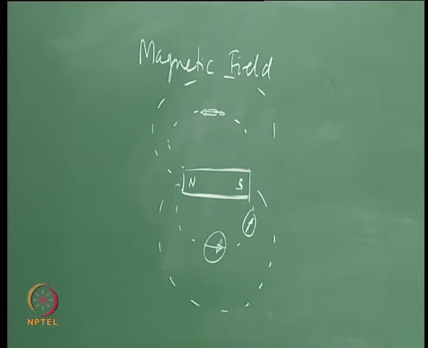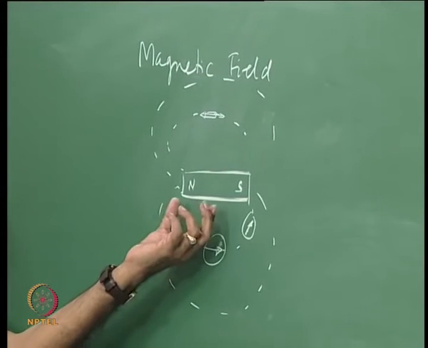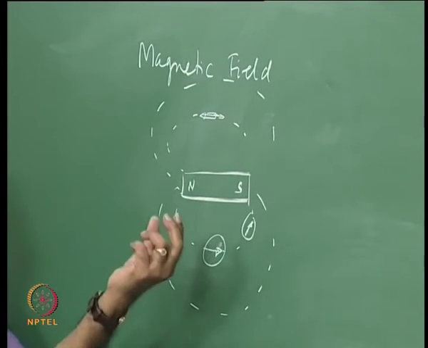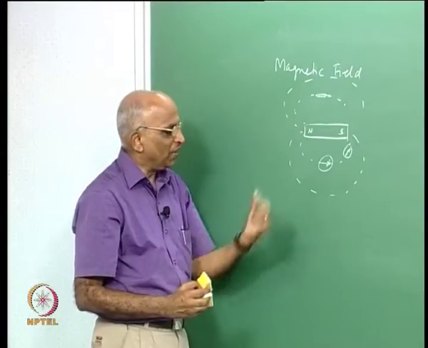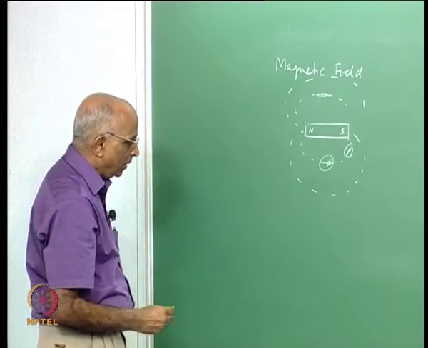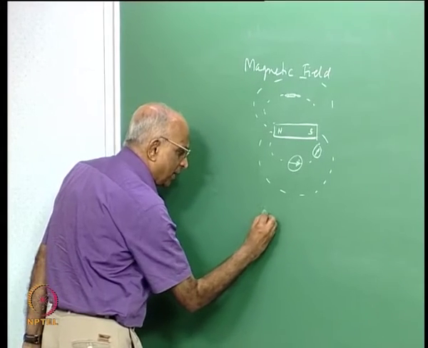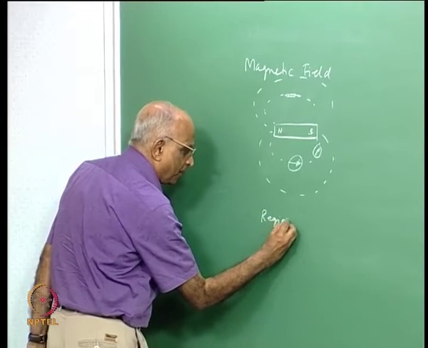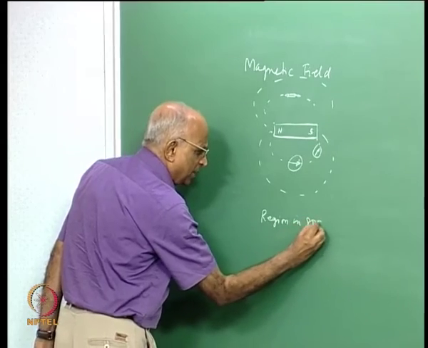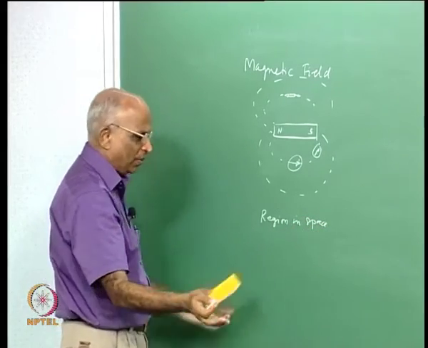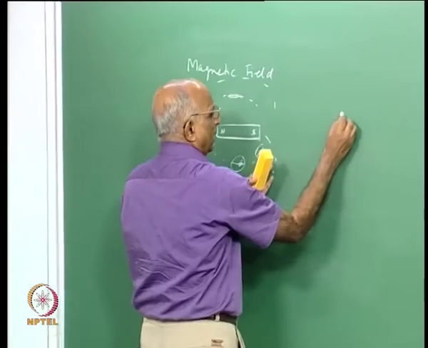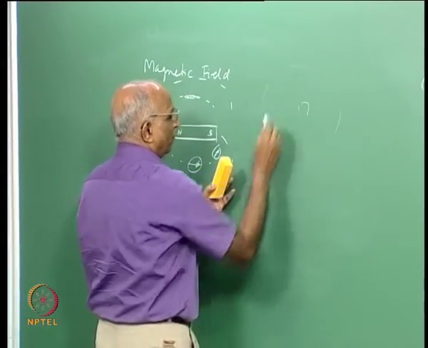But how do I define a magnetic field in contrast to the electrical field which we just talked of? Like for instance, again it could be a region in space, or over here I consider a magnet, I have a magnetic field here.